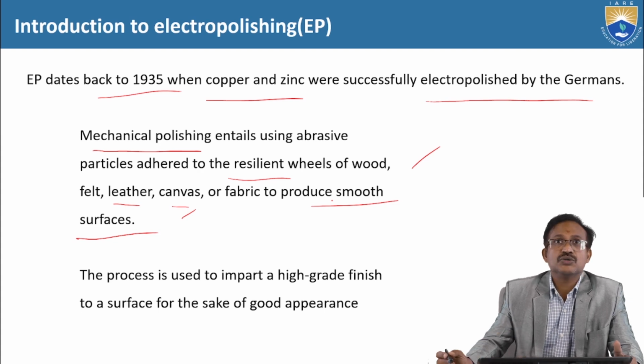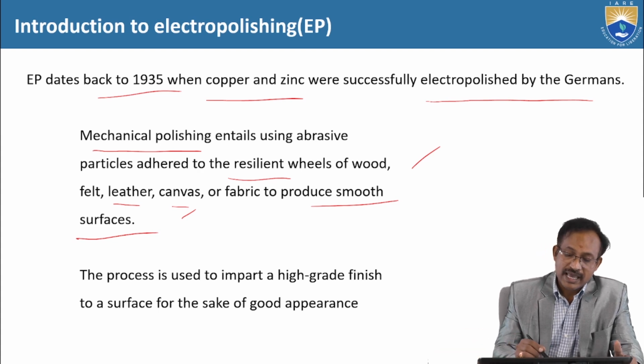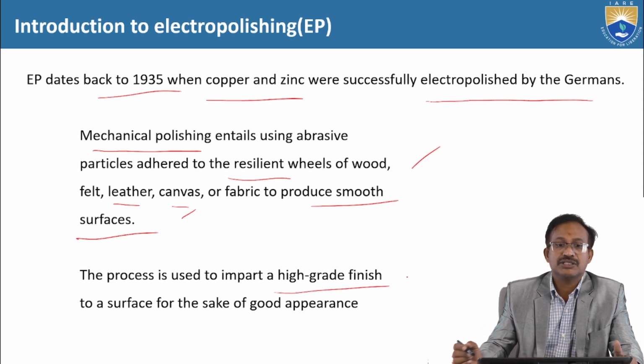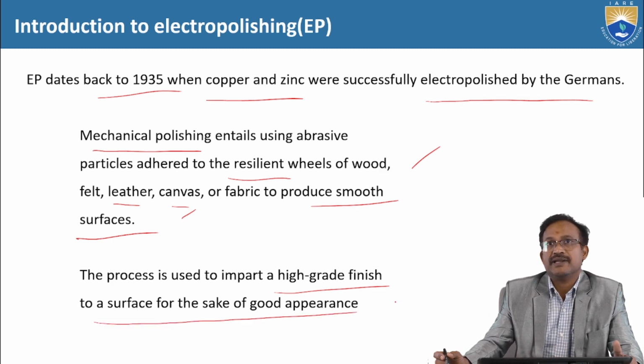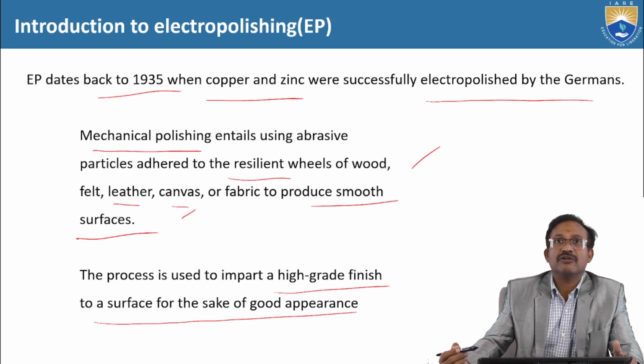The process is used to impart a high grade finish to a surface for the sake of good appearance. So when aesthetic appeal is very important, this point will be a considerable one.